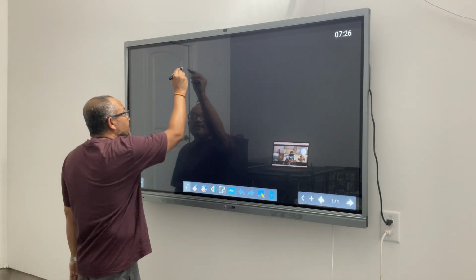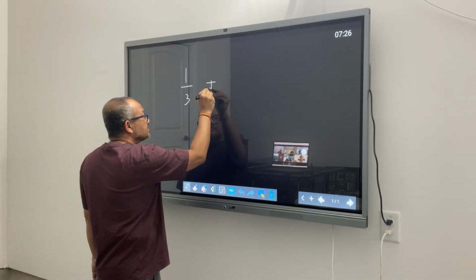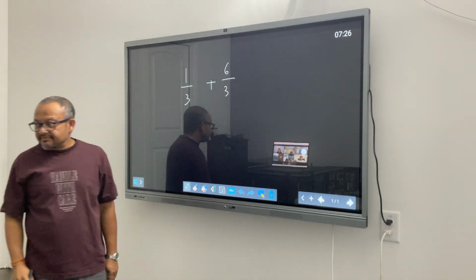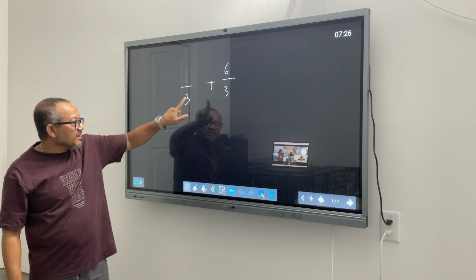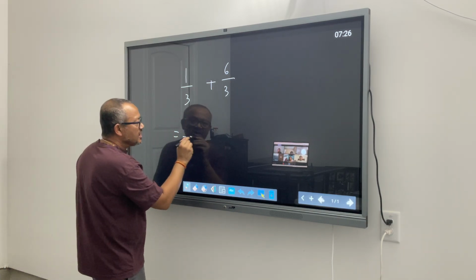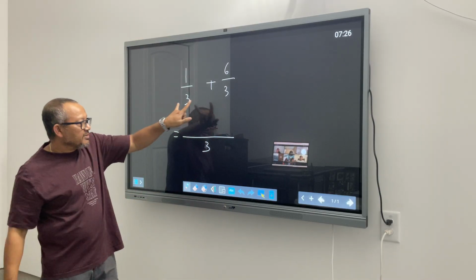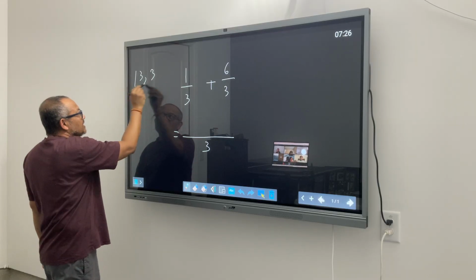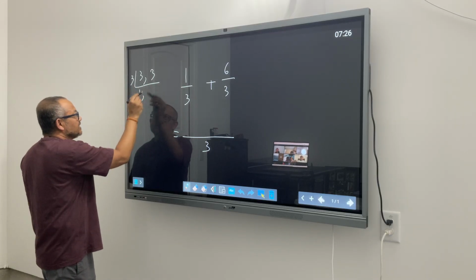If I have 1 by 3 plus 6 by 3, and I have to add them, see my denominators are same. If my denominators are same, I can just write here 3. What will be the LCM for 3 and 3? I'll go for 3, 3 1s are 3, 3 1s are 3, done.